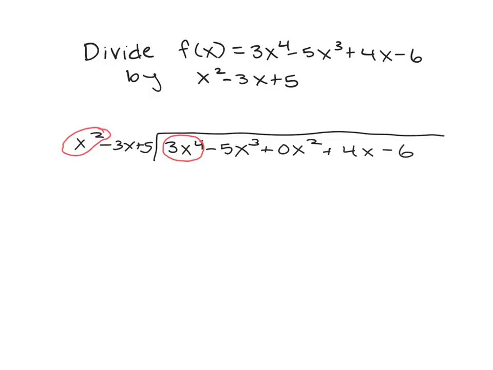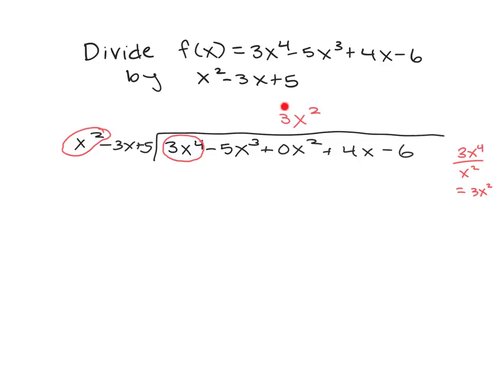And I want to see what would I multiply x squared by to get 3x to the fourth. Another way to say that is, what is 3x to the fourth divided by x squared? And the answer to that is 3x squared, right? 3x squared times x squared would give me 3x to the fourth. So I'm going to put that 3x squared right here over my x squared term.